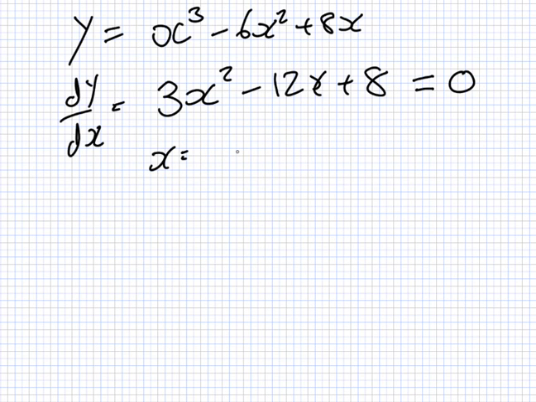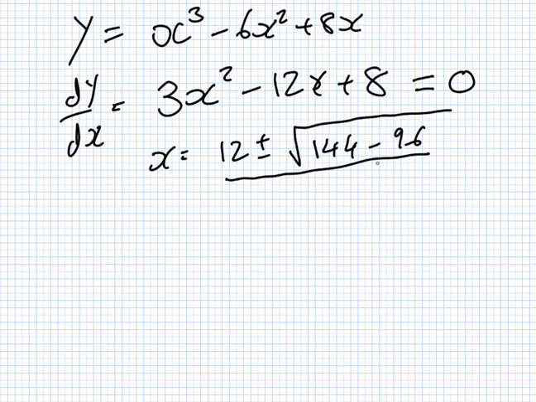So x equals minus b plus or minus the square root of b squared minus 4ac, sorry, b squared minus 4ac. 12 times 8 is 96.